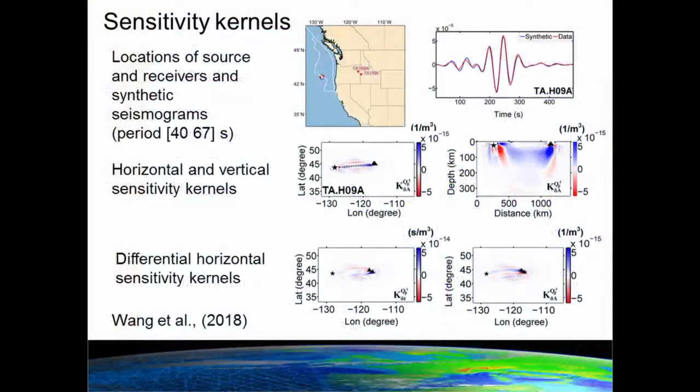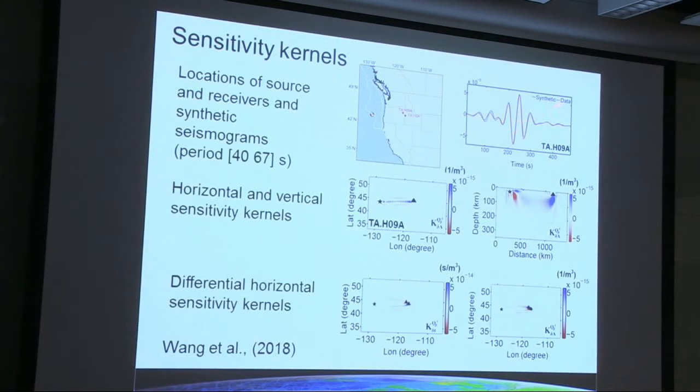Here we show an example of the sensitivity kernels. The event is located at the Blanco transform fault, and we show the seismogram at one station. Here we observe the synthetic seismogram actually fits the data relatively well in the travel time, but there is some difference in the amplitude. We show the horizontal and vertical amplitude sensitivity kernels with respect to the QS parameter. The sensitivity kernel has large positive values, in blue, along the ray path.